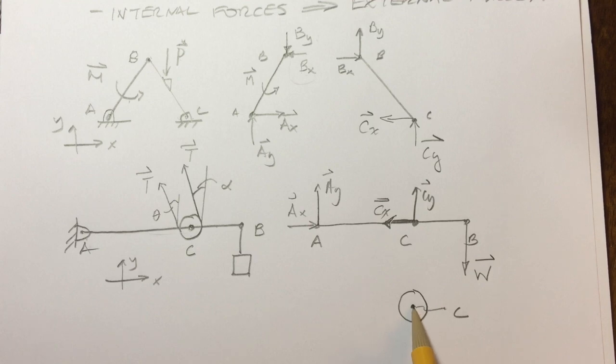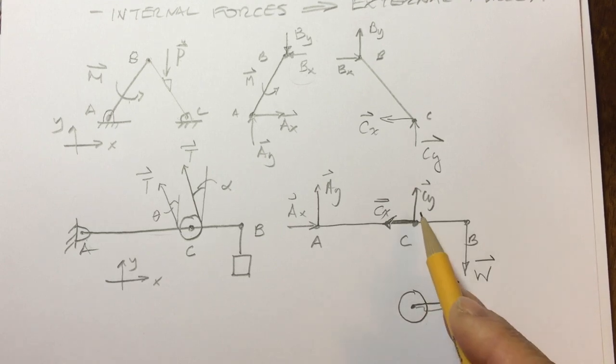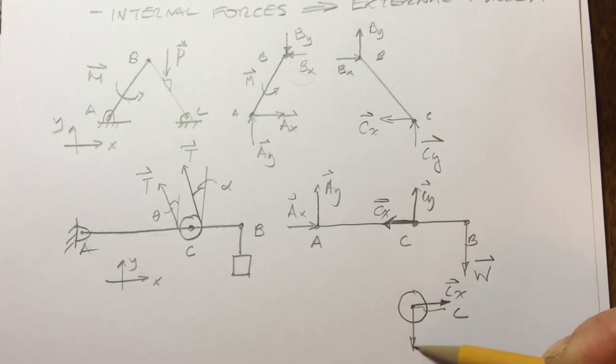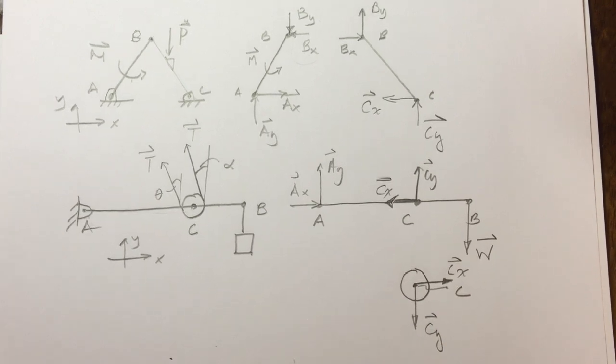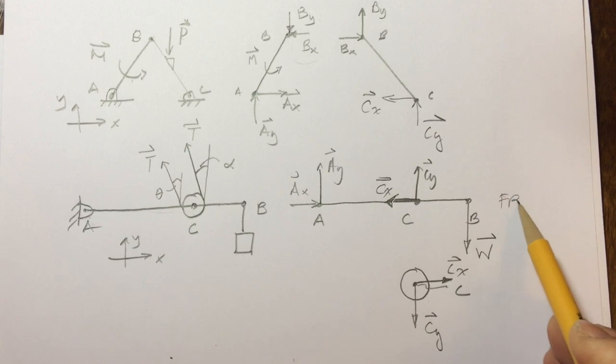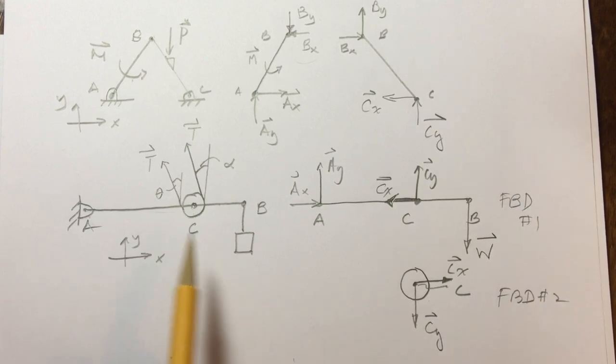So I would have to do an equal and opposite force on the pulley. So it'd be CX, and since that's going up, I have to make it go down, CY. So those are the two free body diagrams for this frame.